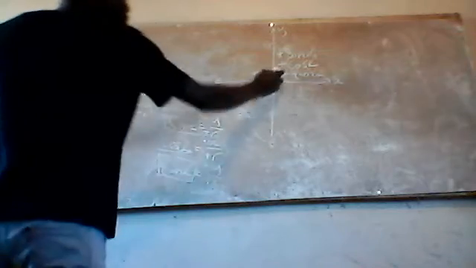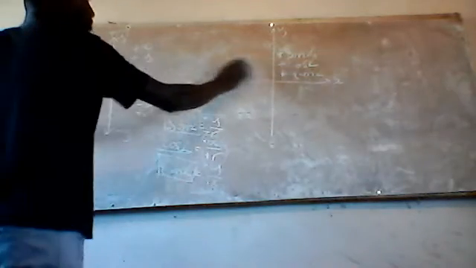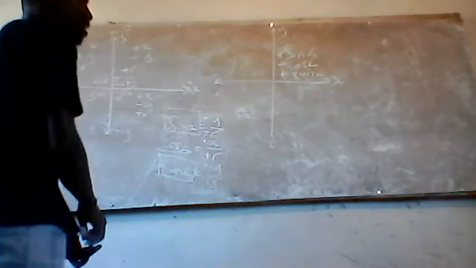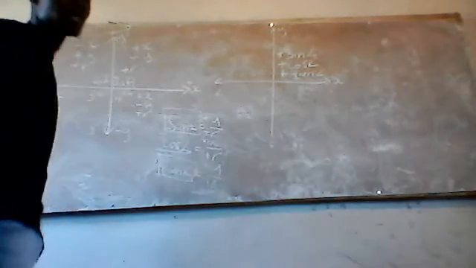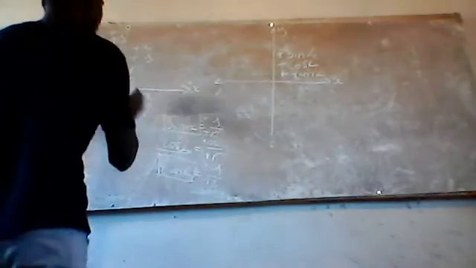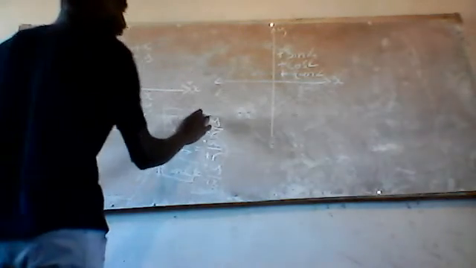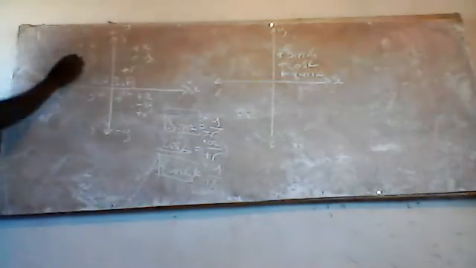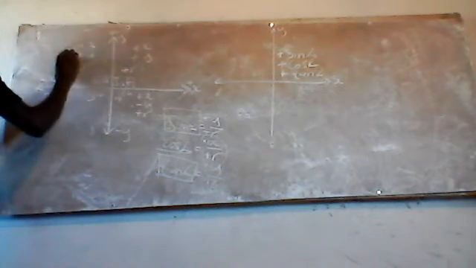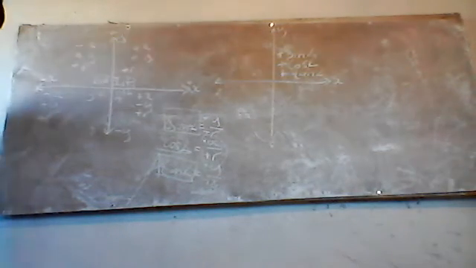I'm not going to do all this for the remaining quadrants, guys. I'm just going to write the signs of the trig ratios in the quadrants. But if I can just make an example, if you look at the second quadrant, remember we said in the second quadrant we're having our y as positive, our r as positive, and our x as negative.